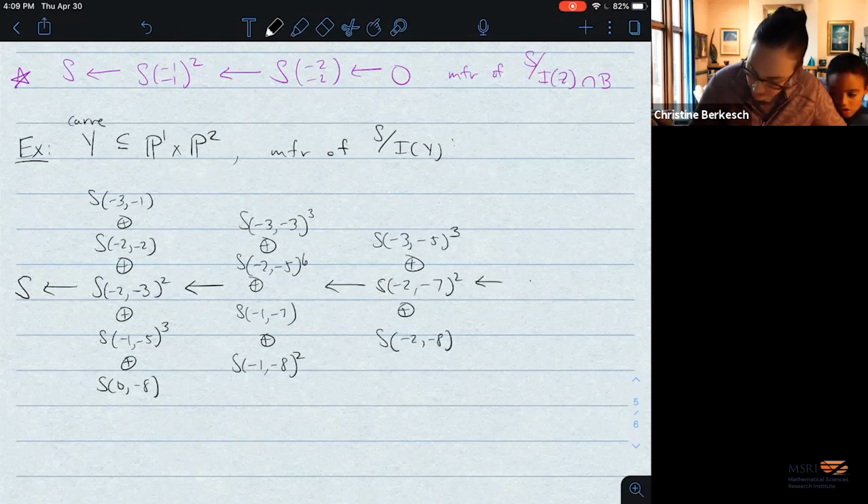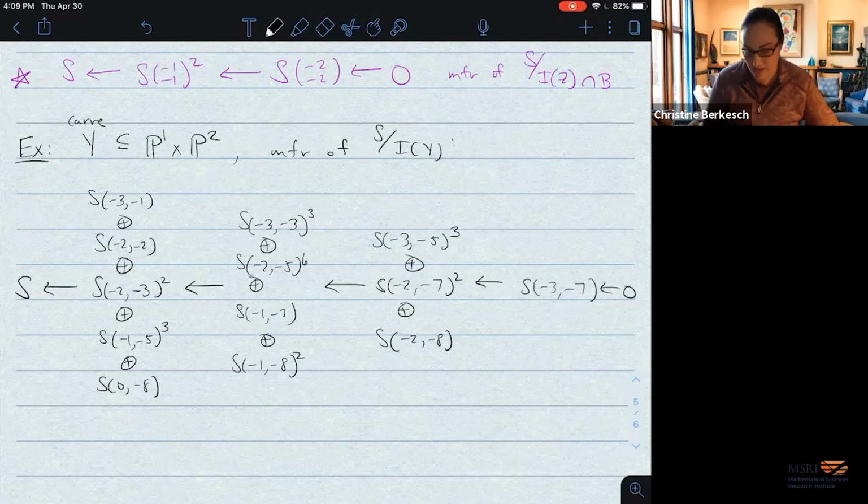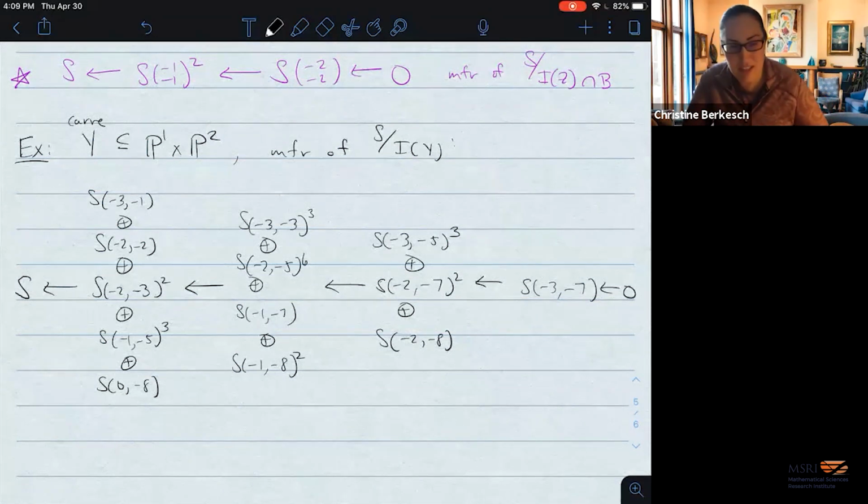And then we're done here at this step. All right, so that is the minimal free resolution for this curve, which is quite big. And trying to read off geometric data from the curve, there are a lot of summands here already.